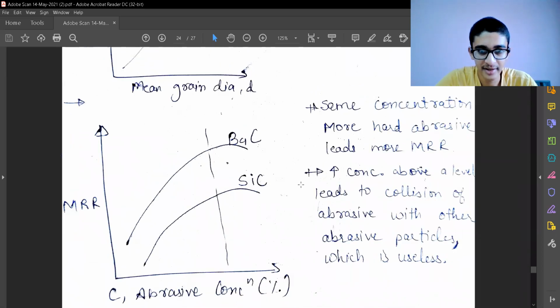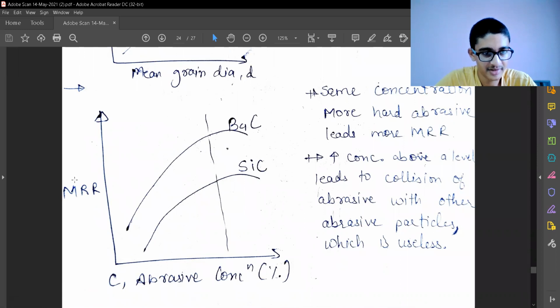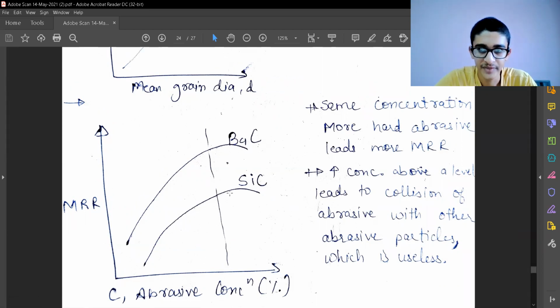Now this is the final thing, the change of MRR with the abrasive concentration, which is in percentage, and C was the term which we mentioned earlier. There are two different kinds of materials which are considered. At the same concentration, more hard abrasives will lead to more material removal.